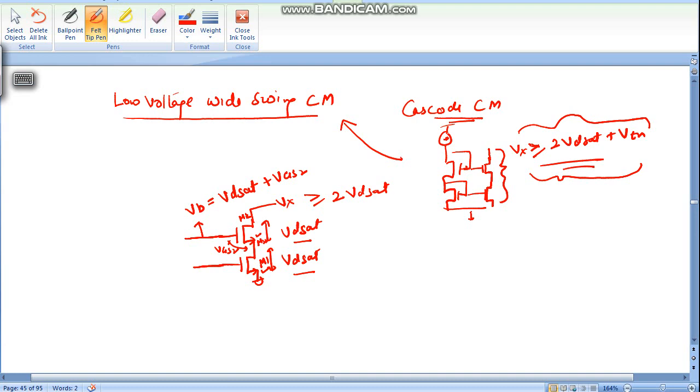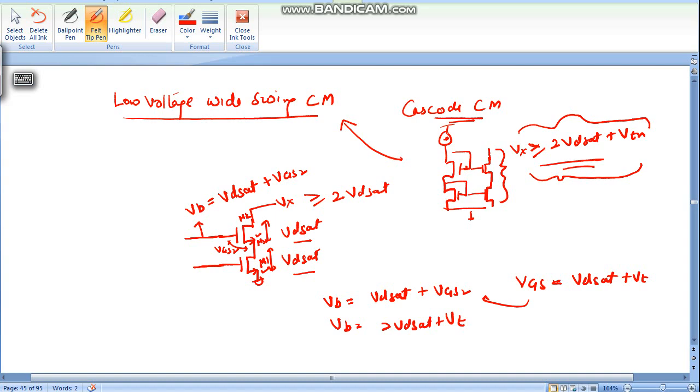Okay, so we need VB equal to Vdsat plus VGS2. Now VGS equals Vdsat plus VT. So if we put this here we will get VB equals 2Vdsat plus VT.